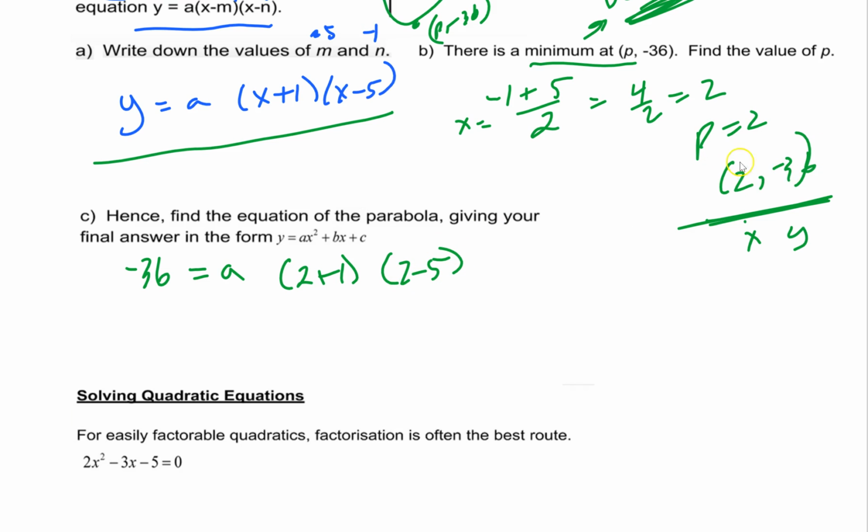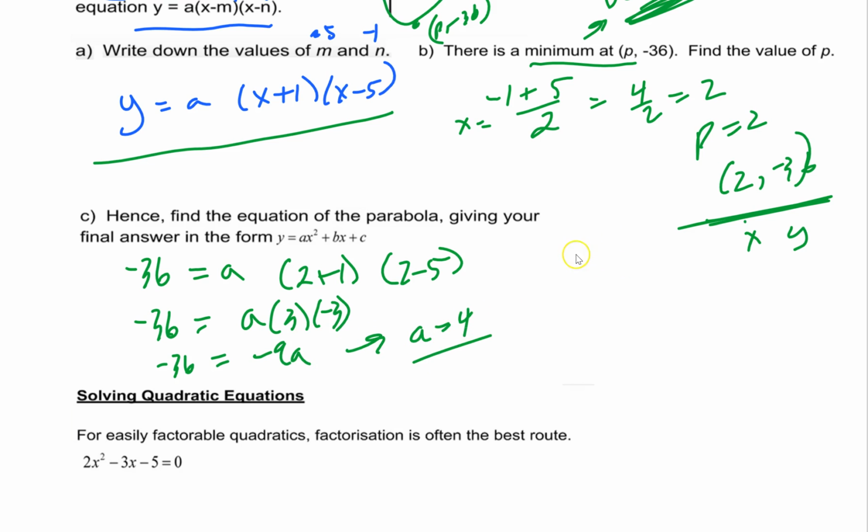That's all it is. I have a point. You can plug it into the equation you have right now and find your a. So -36 equals a times 3 times -3. So -36 equals -9a. Divide by -9, a equals 4. So I have this: y equals 4(x plus 1)(x minus 5).